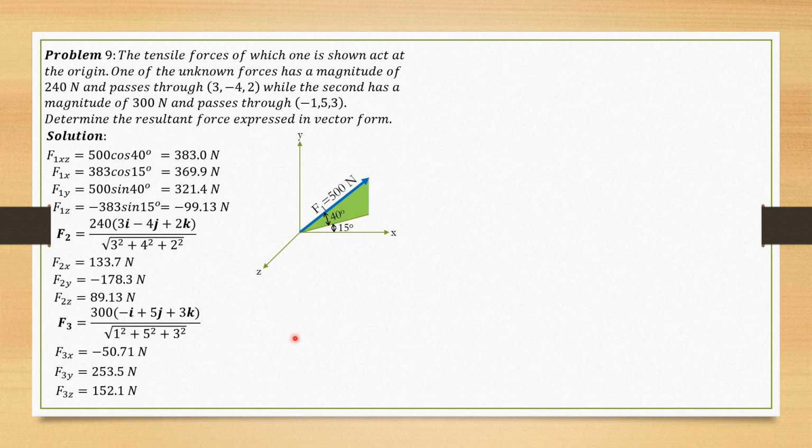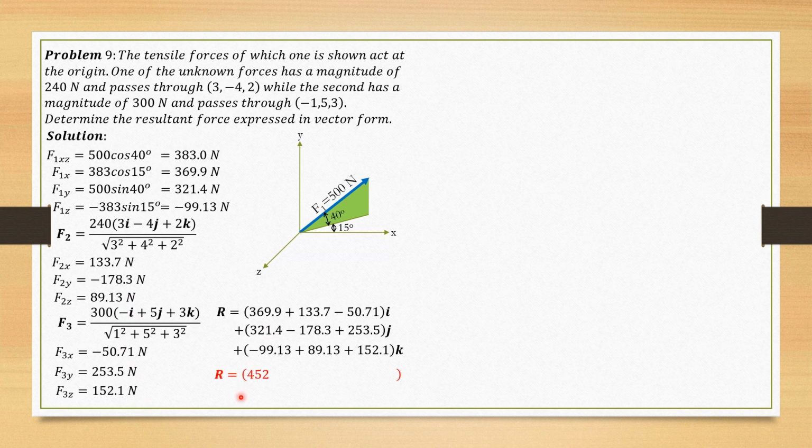So we can now compute the resultant. Let's add the corresponding components. So R is 369.9 plus 133.7 plus negative 50.71 i, then plus 321.4 minus 178.3 plus 253.5 j, then plus negative 99.13 plus 89.13 plus 152.1 k.